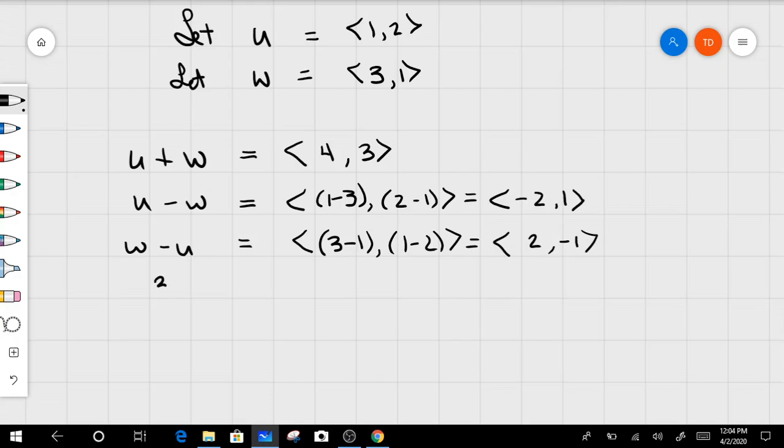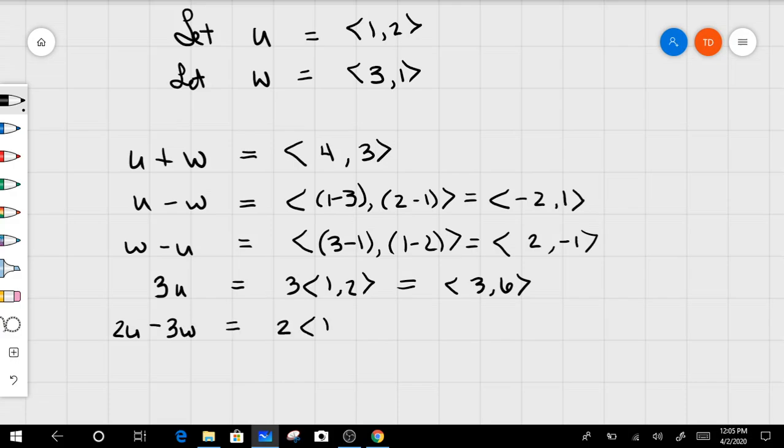How about 3u? That would be 3 times component form 1, 2, which would result in 3, 6. And how about 2u minus 3w?